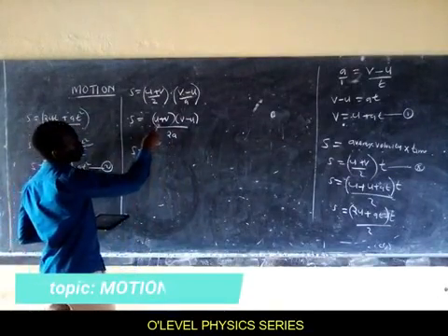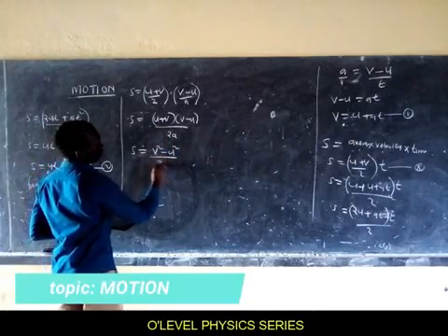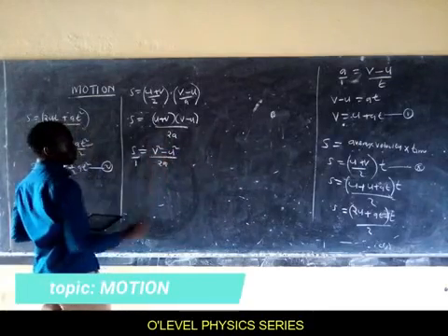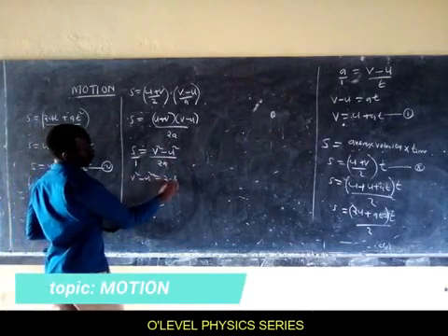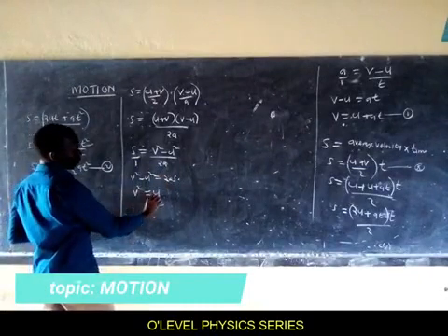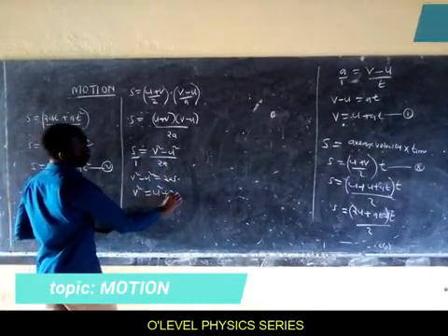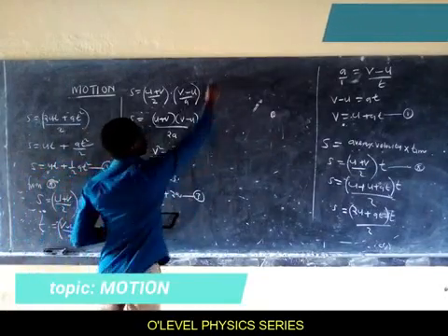This one is a difference of squares, becomes v squared minus u squared over 2a. Cross multiply, v squared minus u squared equals 2as. This goes that side, giving us v squared equals u squared plus 2as. This is our third equation of motion.